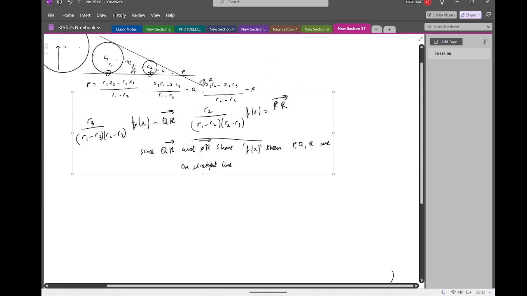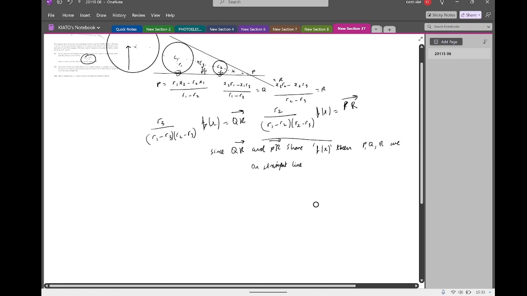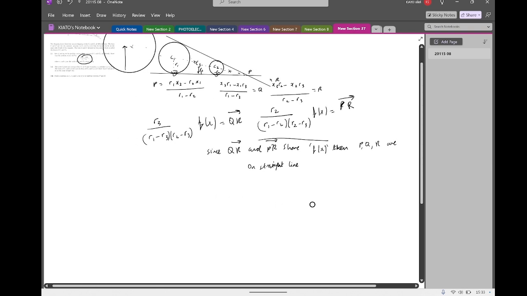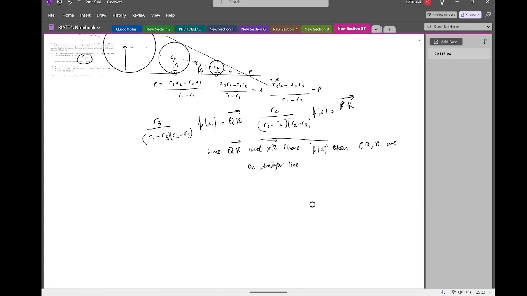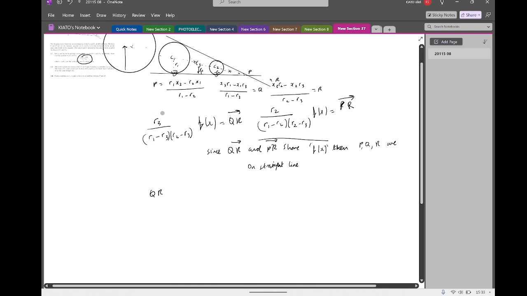Okay. So we've got this, and we now need to find a condition that Q is the halfway point between P and R. Now, if you think about it, if Q is the halfway point between P and R, and we know that this is true, then lambda just must equal 2 here.